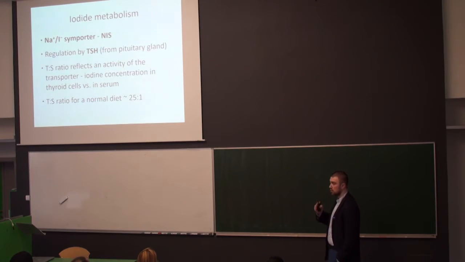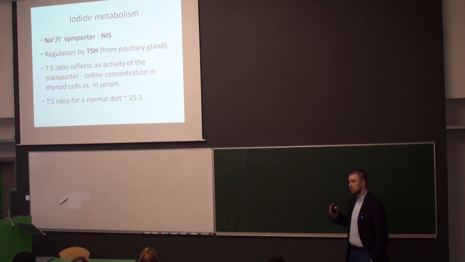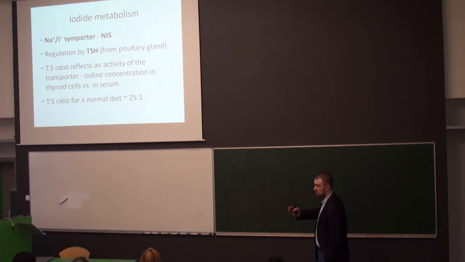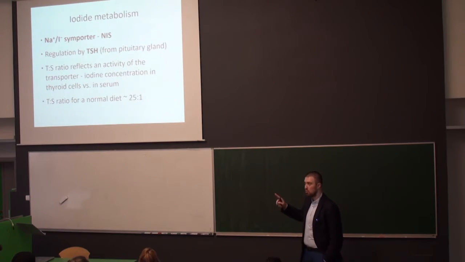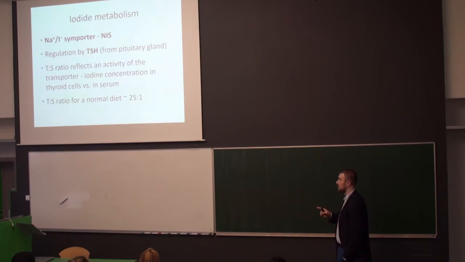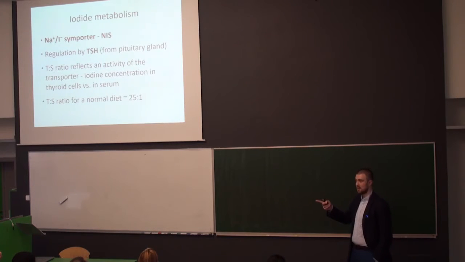So that means you take sodium, you take iodine, and symporter means that both compounds, or here both ions, are transported in the same direction, here inside the cell. So sodium moves along the concentration gradient, and it takes the iodine together with it inside the cell.